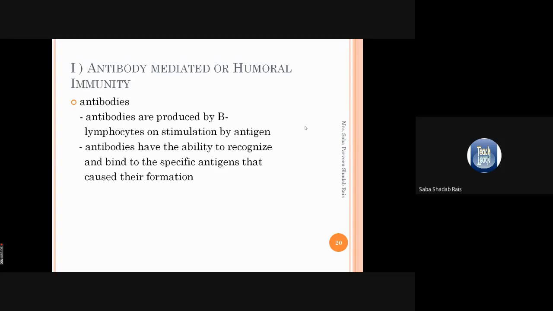Because these antibodies, which are also called immunoglobulins, are present in soluble form in your blood. I had already told you the term humoral means mixed or soluble in the fluid. So these antibodies, which are proteins, immunoglobulins, soluble in your blood, are why this particular type of response is called humoral.